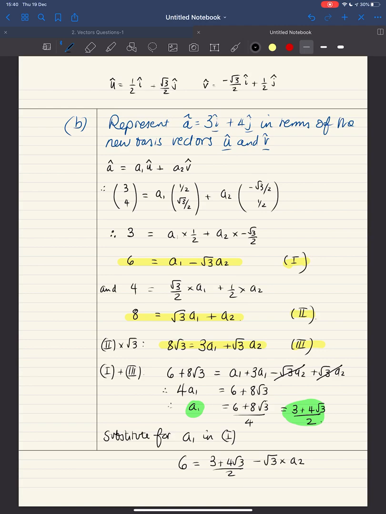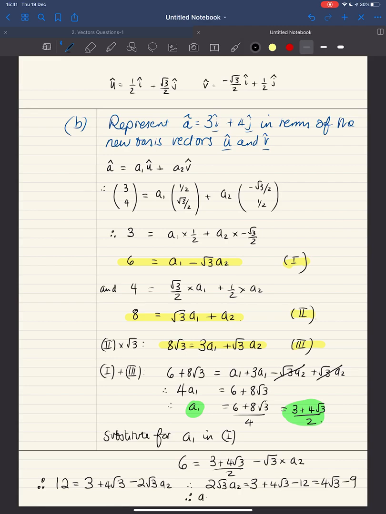Okay, so let's multiply everything by 2 first of all. 12 is 3 plus 4 root 3 minus 2 root 3 a2. Therefore 2 root 3 a2 is 3 plus 4 root 3 minus 12, which is 4 root 3 minus 9.